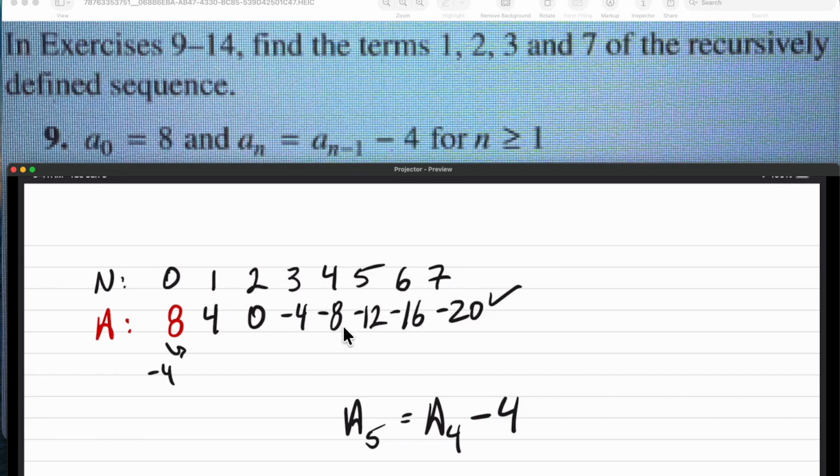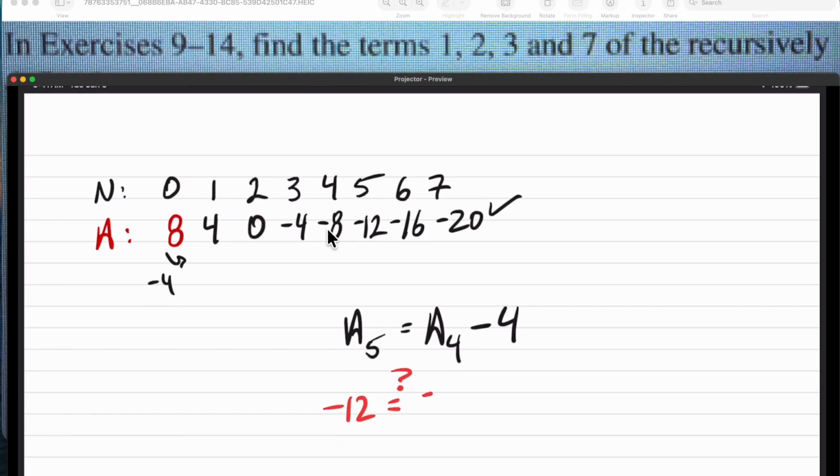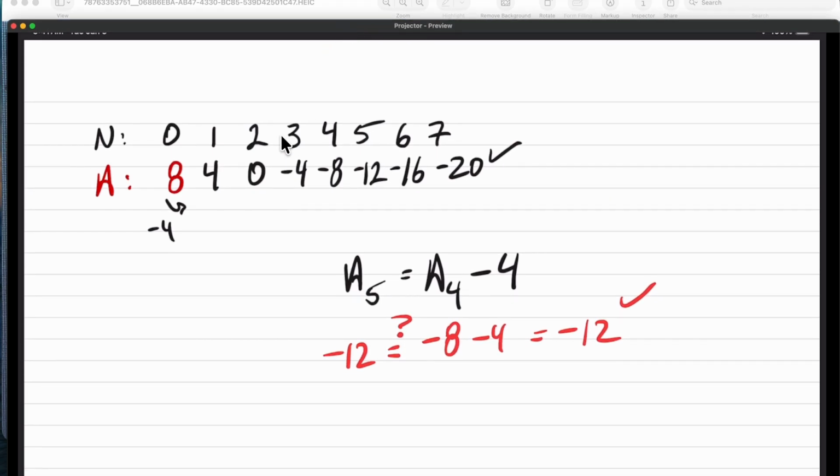So does a sub 5, which is negative 12, equal, we'll put a question mark, we don't know if it's true yet, a sub 4, which is negative 8, minus 4? And the answer is yes. So we now know that we interpreted the recursive formula correctly. We now have our sequence with a d value of negative 4.